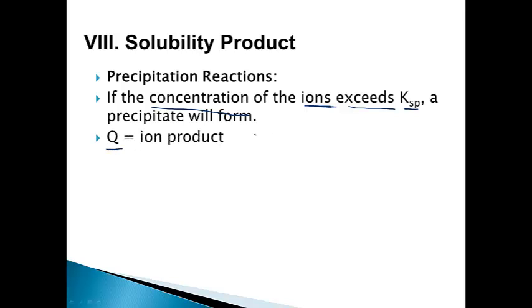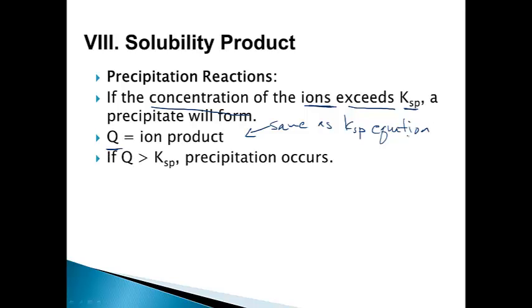What's the Q equation? It's exactly the same as the Ksp. Okay, now how can you tell if a precipitate forms? If Q is greater than the Ksp, then a precipitation reaction will occur when you mix the 2 solutions together.